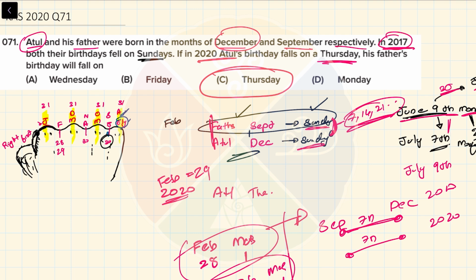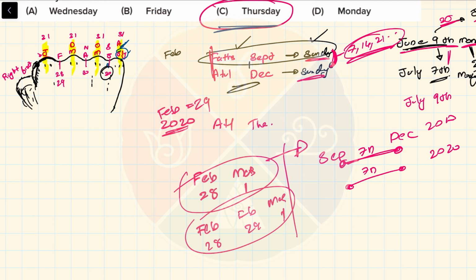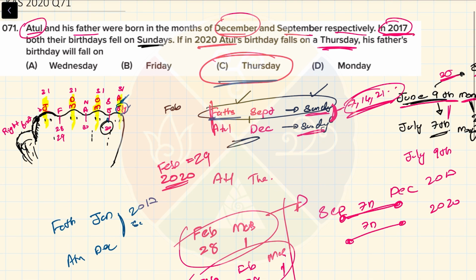Now, interestingly, this problem can become complex if both of their birthdays fall on different sides of February. For example, if father's birthday was in January and Atul's birthday was in December, and in the year 2017 they had the same birthday, let's say on Sunday.